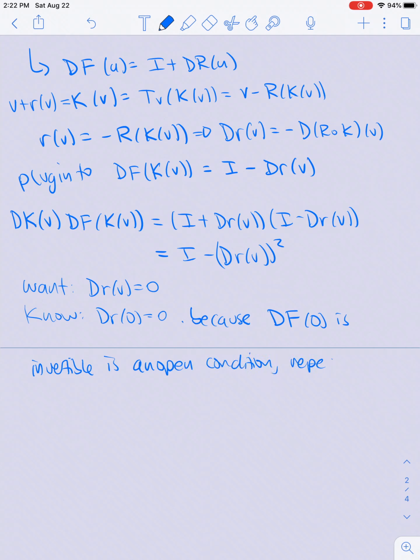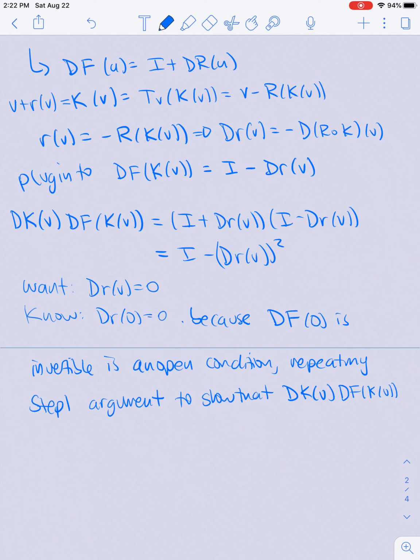I can repeat my step 1 argument within the open set where df is non-singular to show that dk of v times df at k of v is equal to the identity for v where df is non-singular.